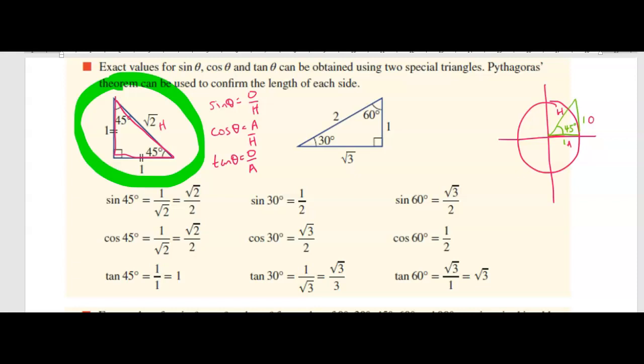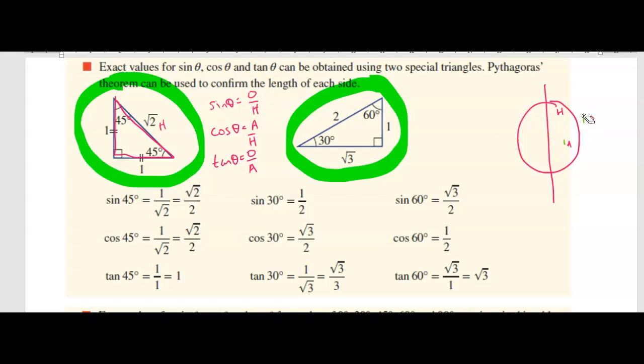The second triangle, which we have here, has 30 degrees and 60 degrees. Now, if we were to draw that inside our unit circle, let me just redraw it. I'll put that line back in.